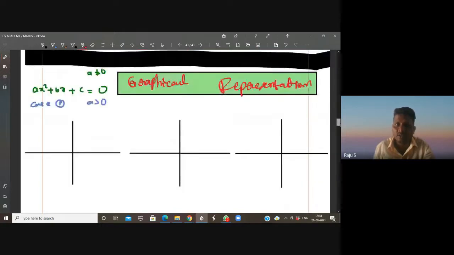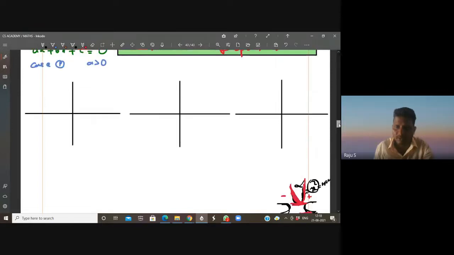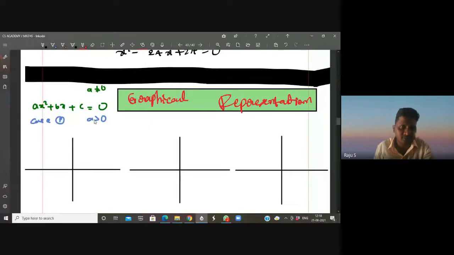So when it opens upwards we get the minimum value, and when it opens downwards we get the maximum value. It depends on the coefficient of x square. When a is greater than 0, it is U-shaped and opens upwards.